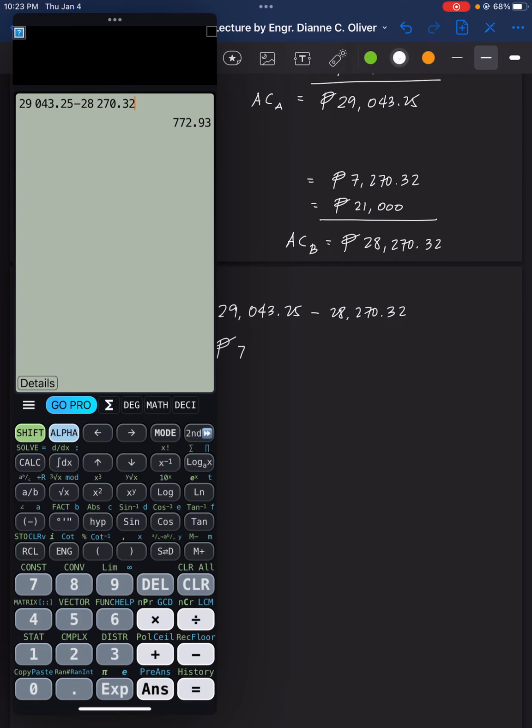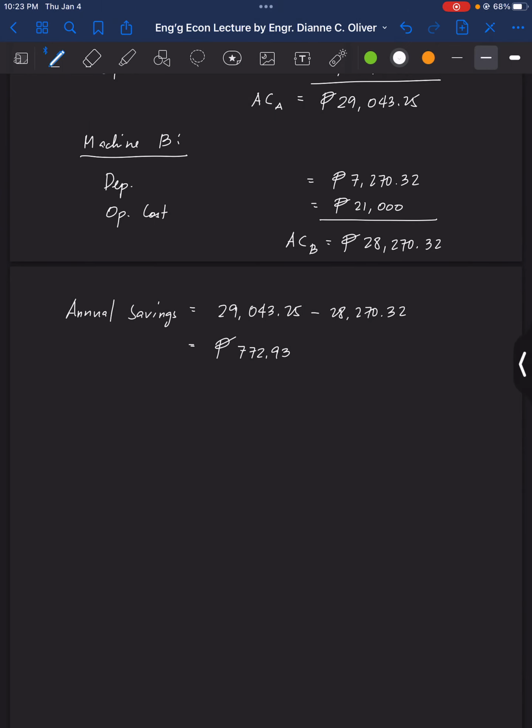So that will be 772.93 pesos. Next is the additional investment. That will be equal to the first cost of 64,000 minus the first cost of 51,000. So that is 13,000 pesos.